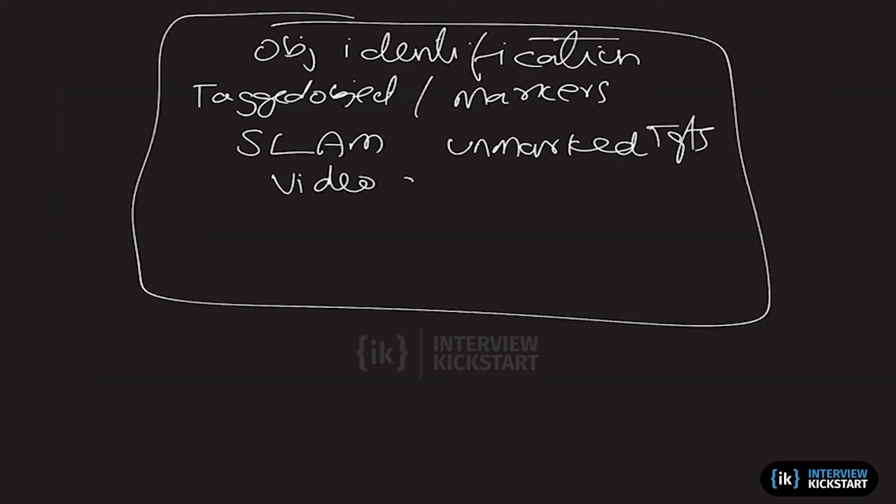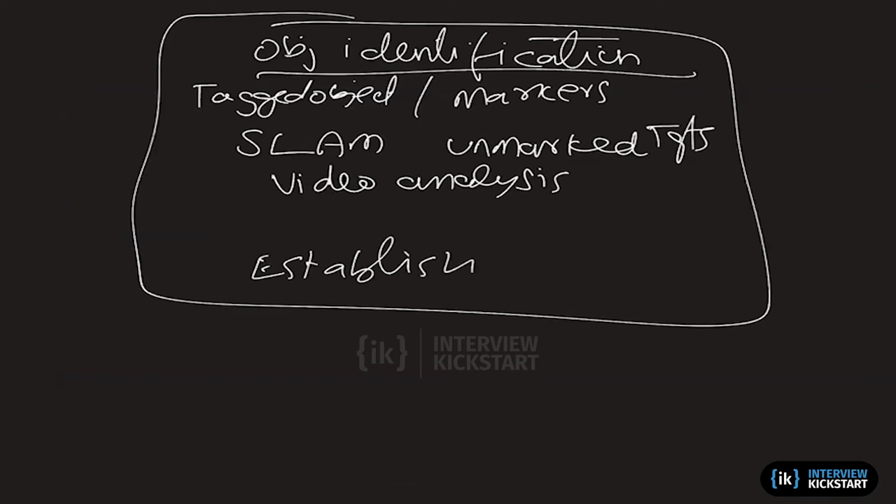Basically, this is a lot of analysis. Here, with tagged objects and markers, the analysis is there, but the object identification has certain cues, like looking for certain patterns in the image. So it is easy to do that. Whereas in unmarked targets, you have to do a lot of video processing in order to do the object identification. So the whole purpose of object identification is to establish the real world context.